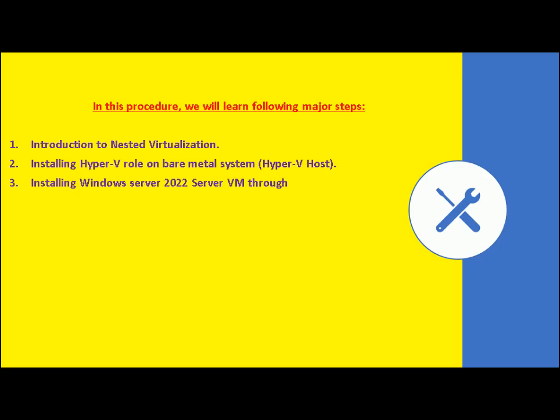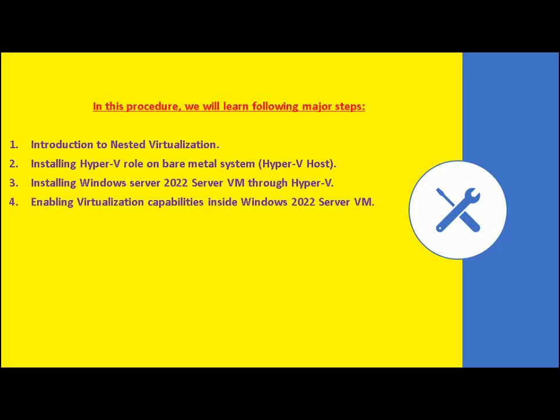Next step is we will be installing Windows Server 2022 inside the Hyper-V role. Once we install Hyper-V, through it we will be installing one more server VM. Next step is we will be enabling virtualization capabilities inside the Windows Server 2022 VM.